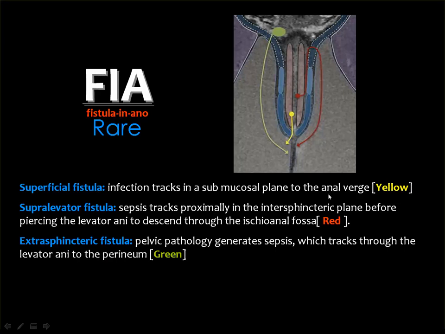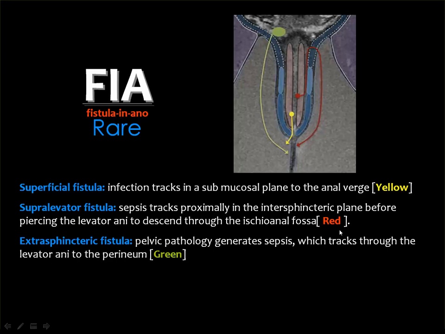Then the supralevator or the suprasphincteric fistula goes through the intersphincteric space until above the puborectalis or the levator ani, and it goes down through the ischioanal fossa to the outside.